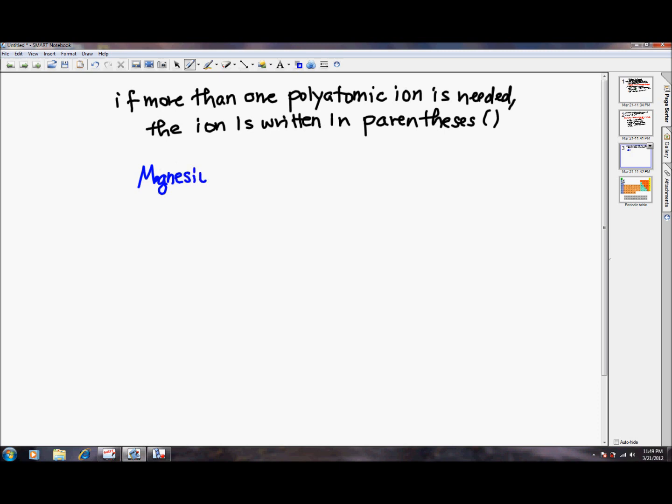Alright, let's do magnesium nitrite. Okay, so I have to write the formula for magnesium nitrite. Well, this is easy. This is magnesium, Mg, and the oxidation state is 2. Nitrite. We look up on the back of the periodic table.